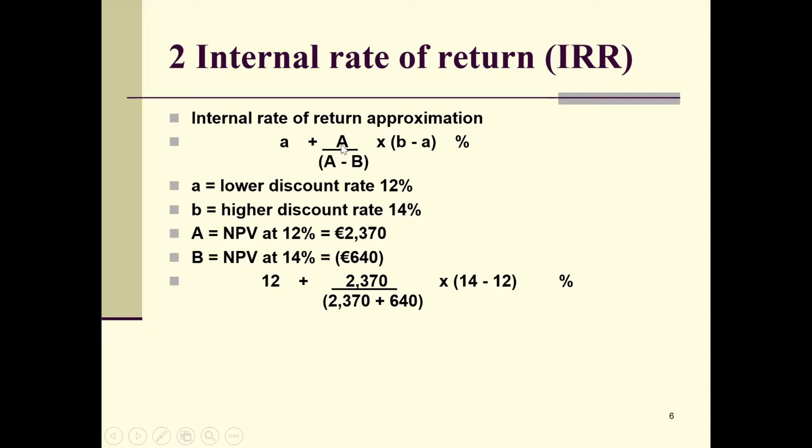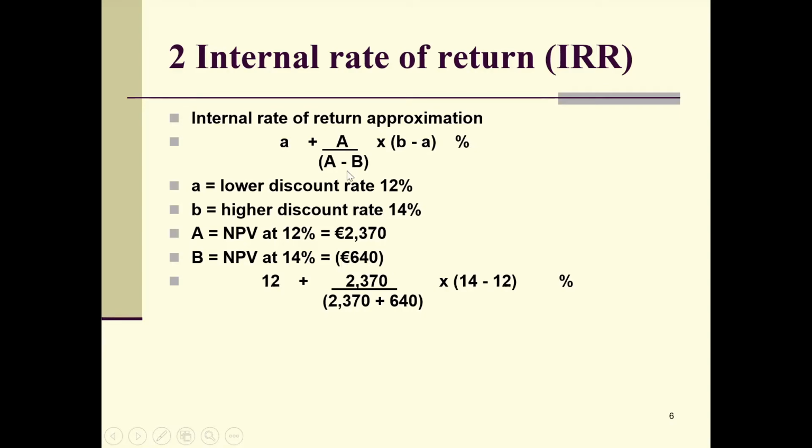The capital letter A is the NPV at the lower rate, in this case, 2,370. It's repeated below the line on the left-hand side there in the denominator. And then you have a negative score, minus B. Be very careful. The minus B means minus the higher discount rated NPV. So minus, that is a negative 640.